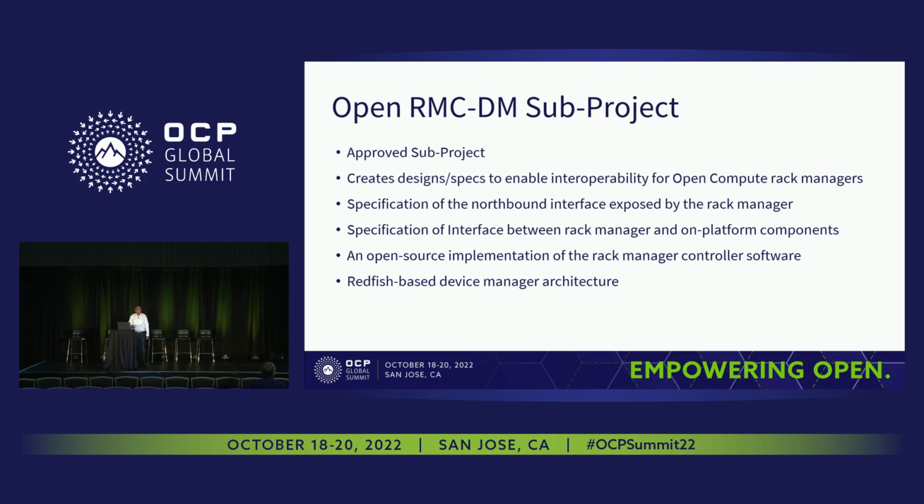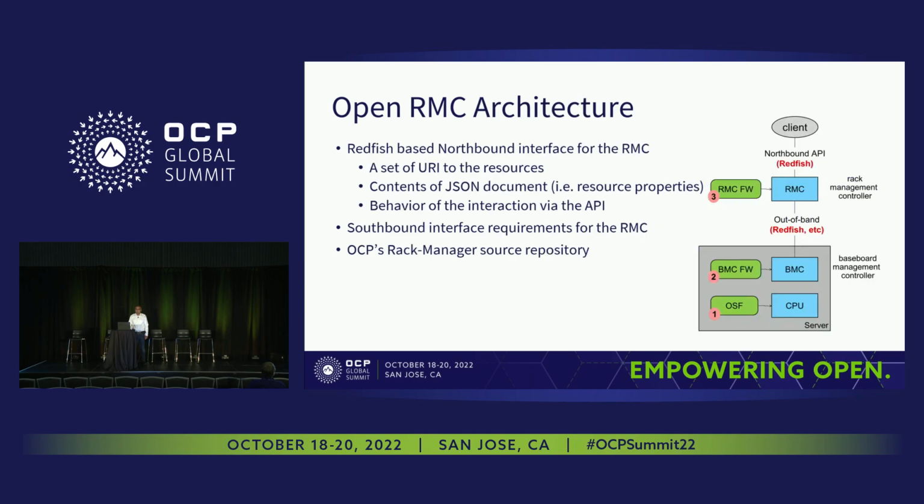A little bit more on the RMC part. This is how that architecture looks. As you can see, a client uses the northbound interface. This is where the RMC profile comes into the picture. It's Redfish based, the compliance of that can be tested, and the client can use that API and REST-style interface to talk to the rack management controller.